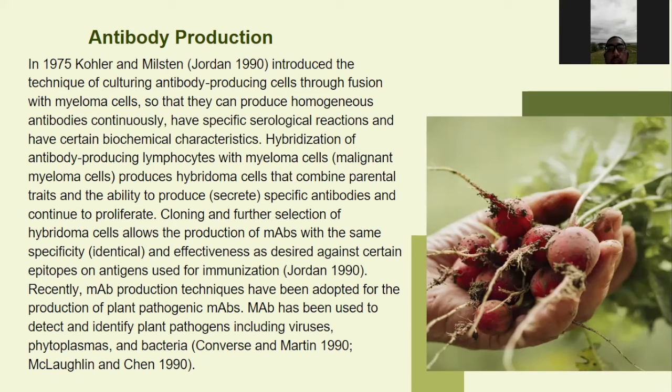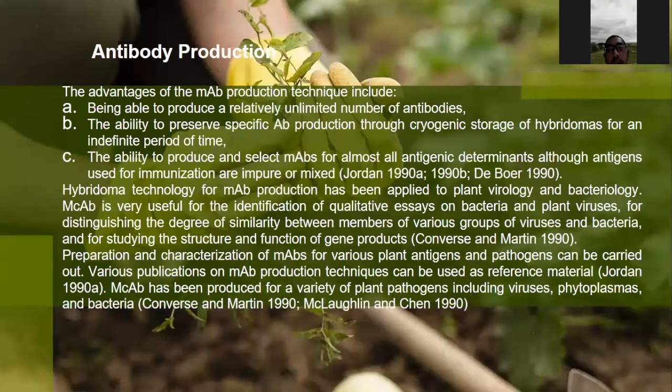Recently, MAb production techniques have been adopted for the production of plant pathologic MAbs. MAb has been used to detect and identify plant pathogens, including viruses, phytoplasmas, and bacteria, from Converse and Martin in 1990, and McLaughlin and Chen 1990.